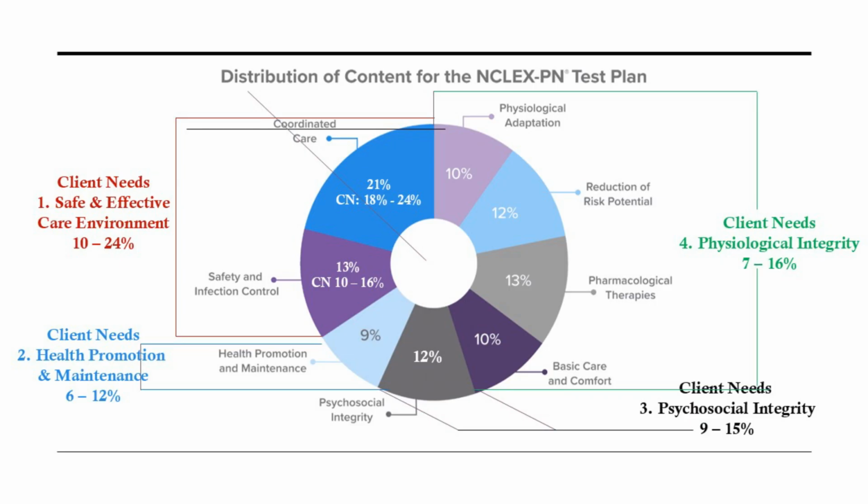Second subcategory is the reduction of risk potential. Whether your client comes in with a disease, an injury, or an acute or chronic change, the content for this category will be at least 12%. So when there is change, what risk are they at for developing a new problem?